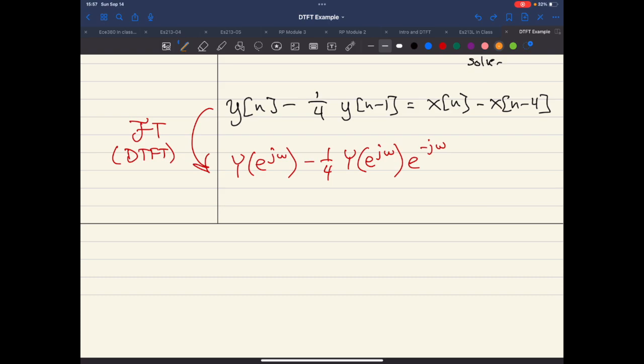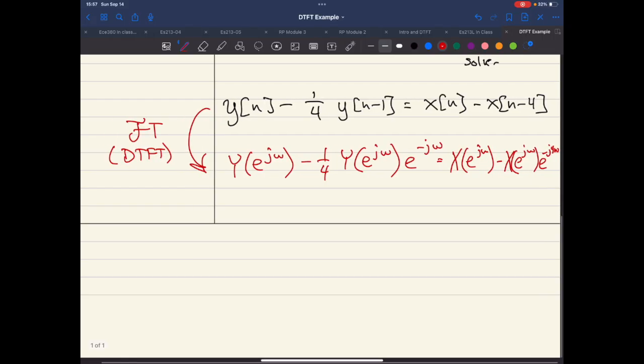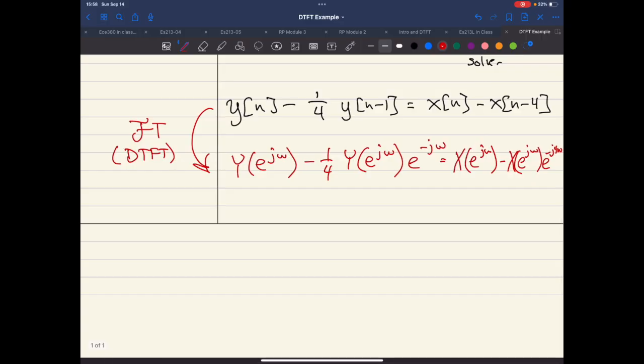All right. For the right-hand side, very much the same. We're just going to end up with the DTFT of the original input. And then for the delay here, same story. It's going to be X(e^{jω}) times that delay element transformed into the Fourier domain, which is just e^{-j4ω}. It's a little squished in there.